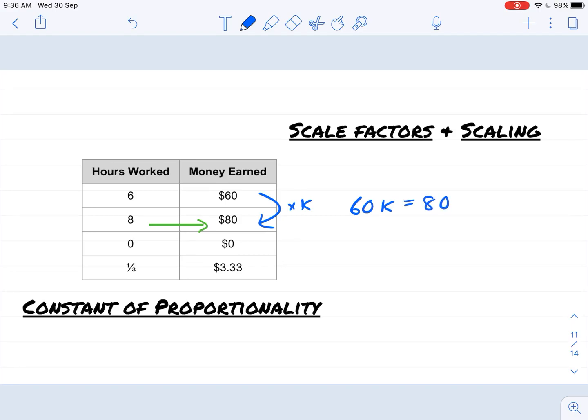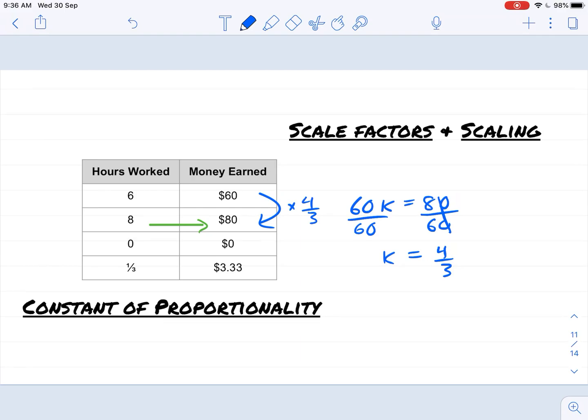Well, that's just a one-step equation. We can solve for k. I'm going to divide both sides by 60, and that's going to give me k equals, which could be simplified by crossing out the zeros, 8 over 6, which equals 4/3. So in this case, the scale factor that's being shown, let me erase the k, and I'm just going to change that to 4/3. Okay?